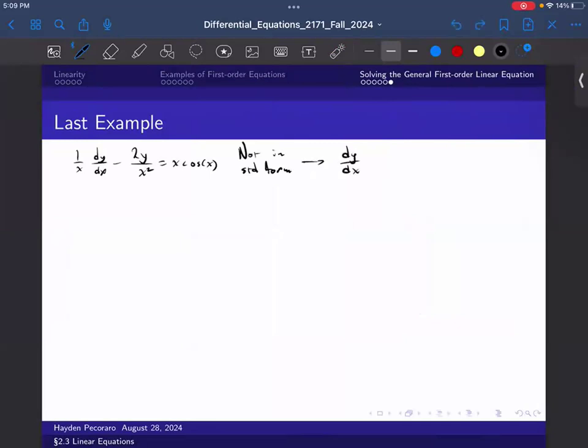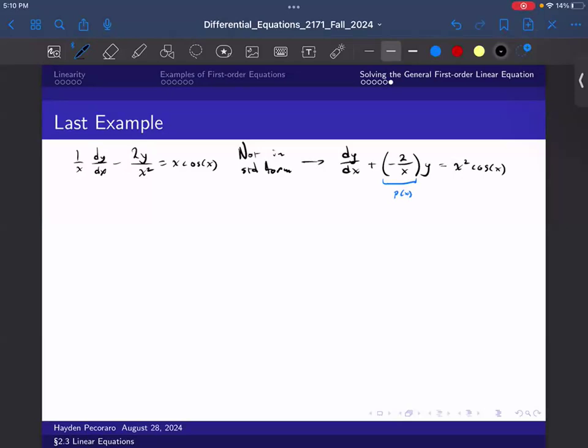So we want dy dx, and then multiply through by x, we get minus 2 over x, y. And I wrote it this way because now that's p of x. And then x squared cosine of x right there.